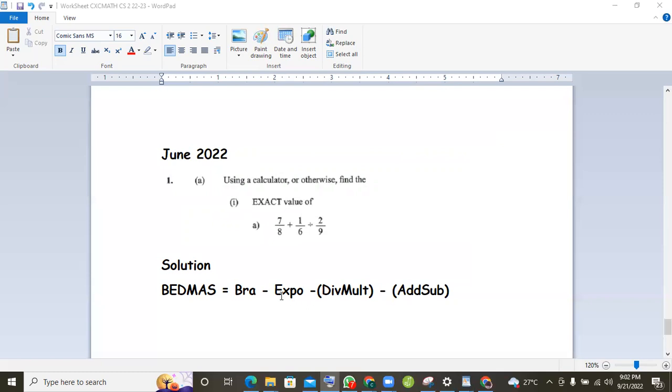You must do the exponents before division or even addition. You must do whatever is inside the brackets first.